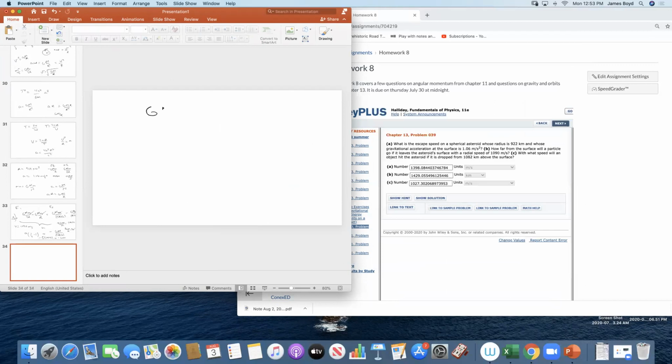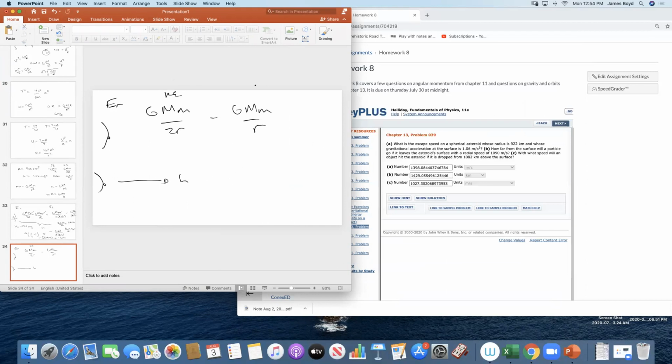So GMm over 2R minus GMm over R, where R is the radius of our satellite. This is E at the radius of it, so when it's here. And then it shoots out to some distance H, and at that point, it stops moving.